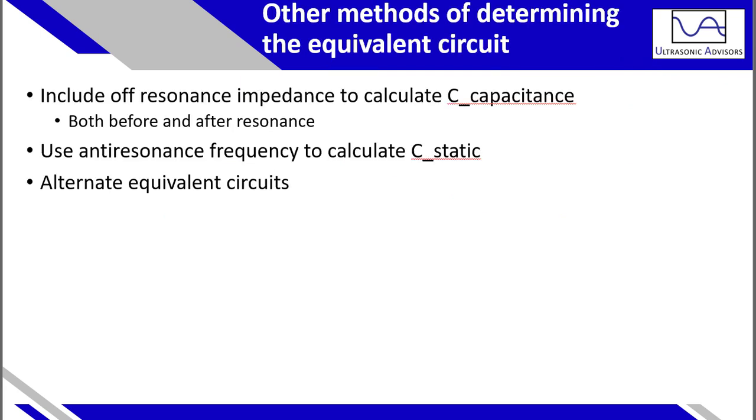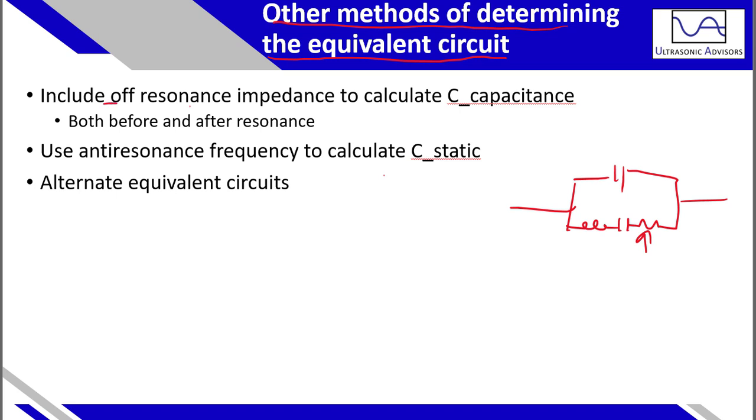Again, we have 4 components, so we'll need 4 unique measurements. Some of them you'll have to combine to calculate values, and some you can use independently. For example, the resonant frequency independently will get you the resistance here. So there are other ways to calculate the off-resonance impedance, and other ways to calculate the equivalent circuit.